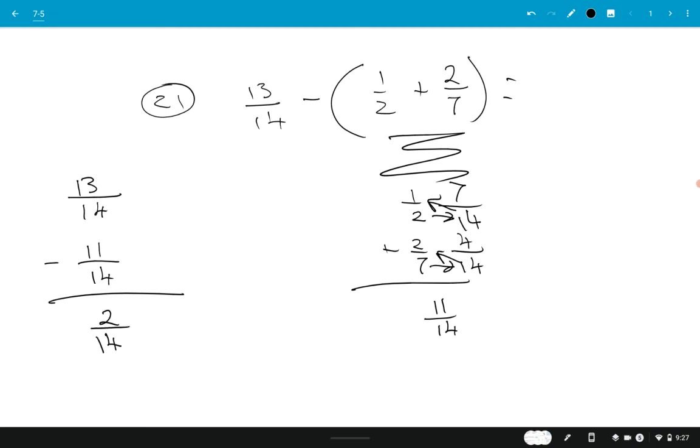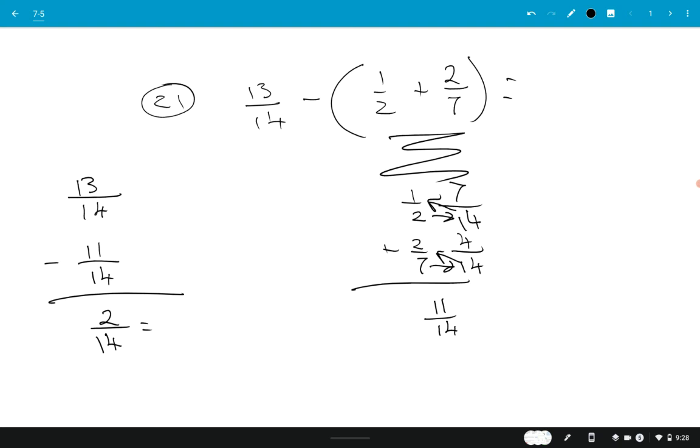Okay, now are we done with 2 14ths? I mean, I would accept that as an answer, but you can reduce it. 1/7. So what number goes into 2 and 14 evenly? 1 does, but it has to be a number bigger than 1.